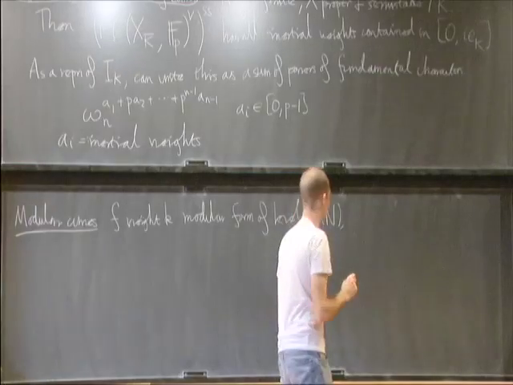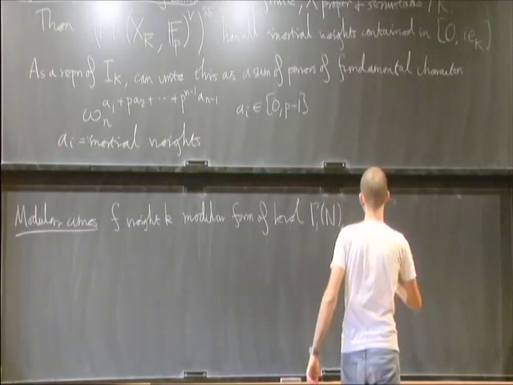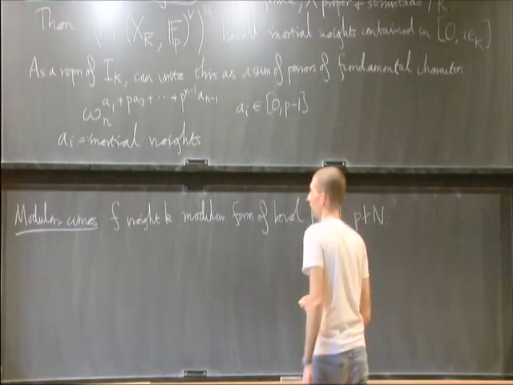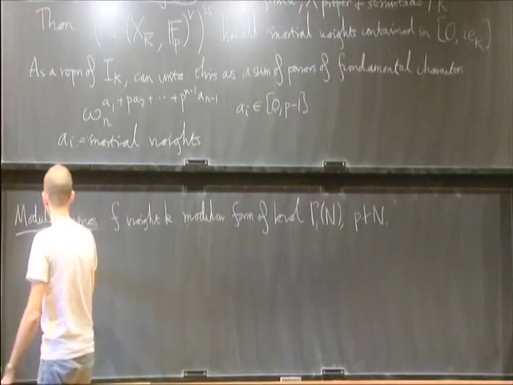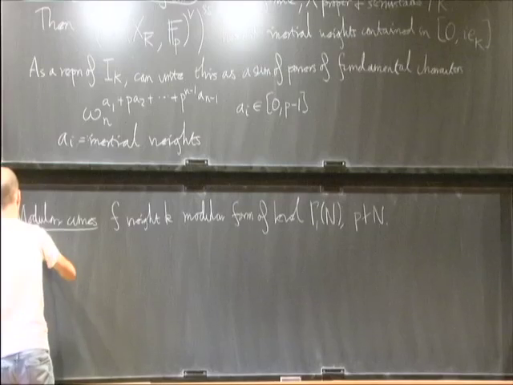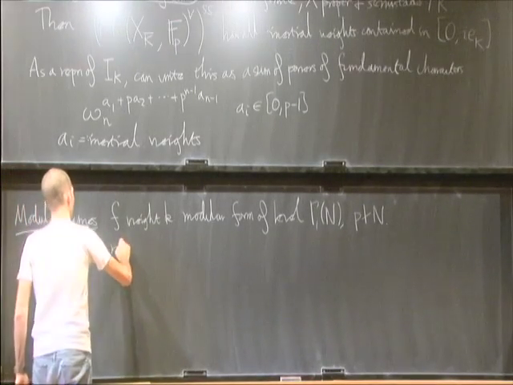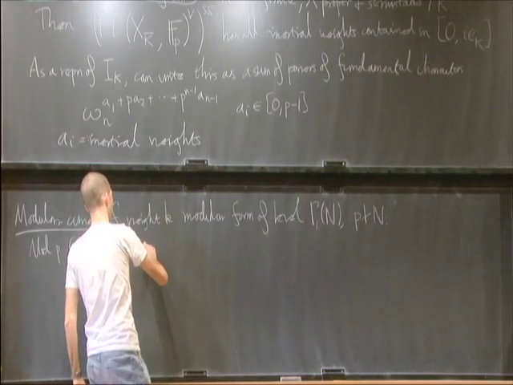And let's assume for the moment, just so I can be in this world, that p is prime to N. And then we get a mod p Galois representation associated to f, which I'll call rho f bar.